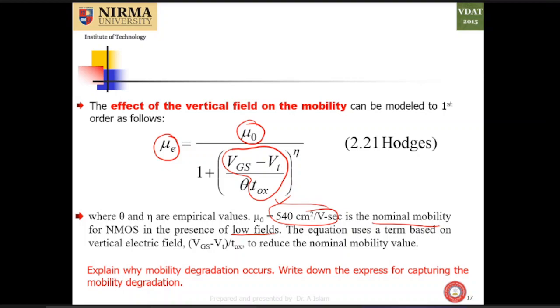What we see in this expression is the 1 plus something term, where theta and eta are empirical or fitting parameters. So the low field mobility gets reduced due to the vertical field, and ultimately the quantity will be reduced. Could you understand, Prajwal?